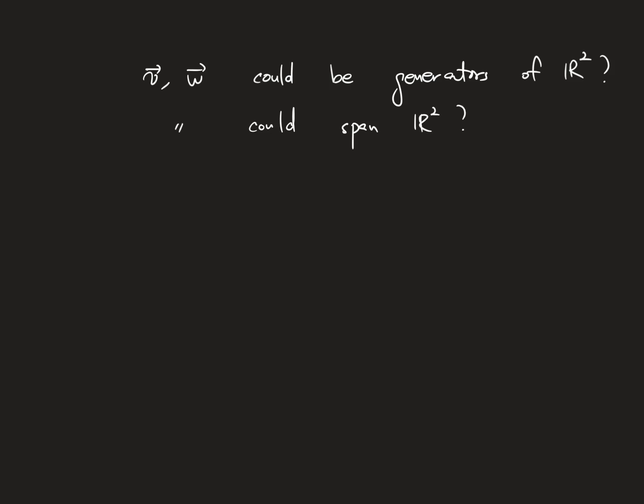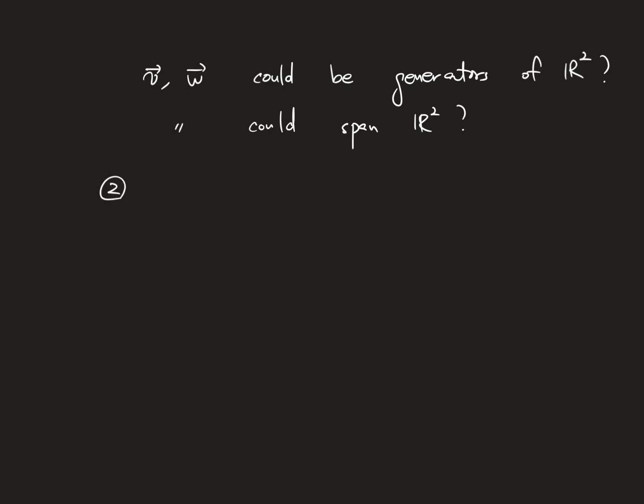So this is the same question: whether it could fill, whether it could generate, any vector in R2 using a linear combination. Whether we can generate all the vectors in R2. This is a key question.